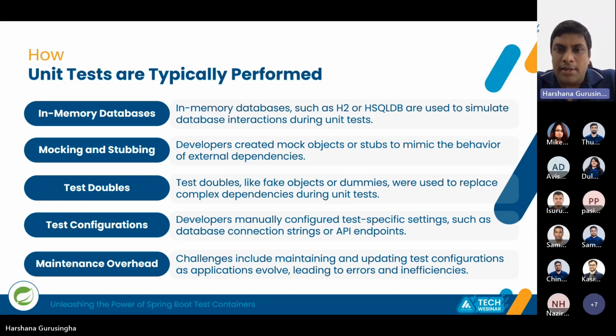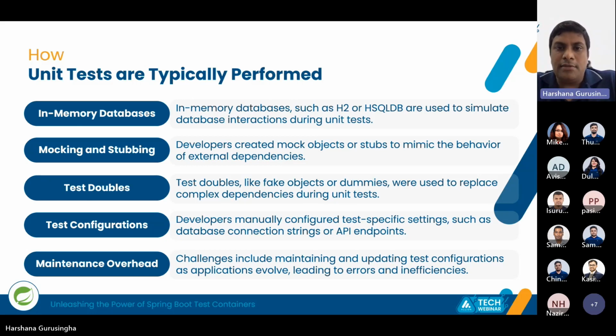To isolate dependencies, developers often create mock objects or stubs that mimic the behavior of external dependencies. While this approach provides isolation, it can be time consuming to set up and maintain. Additionally, it may not accurately replicate the behavior of the real dependencies, potentially leading to flawed test results.